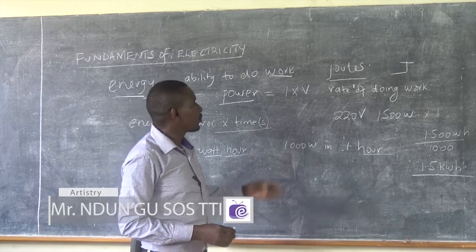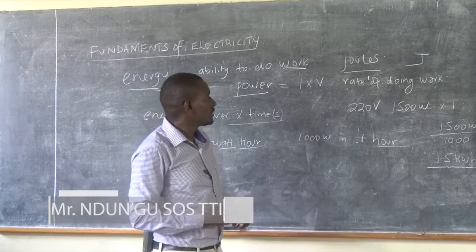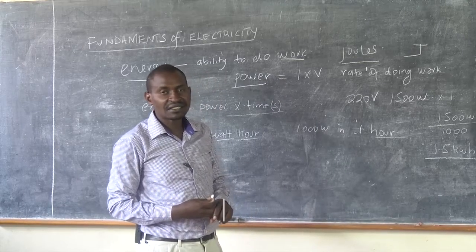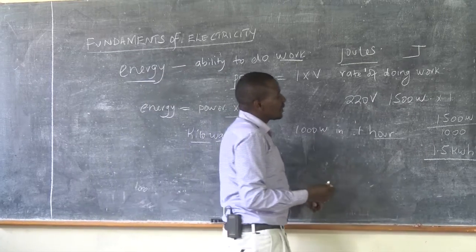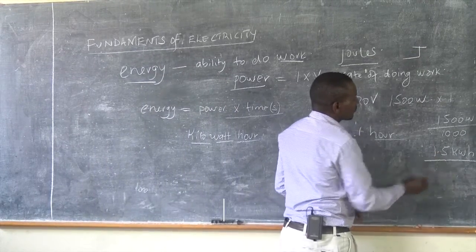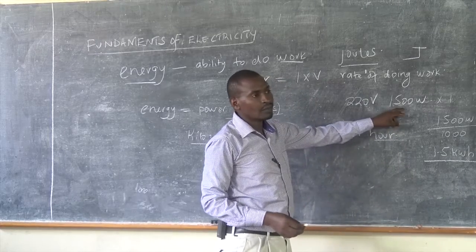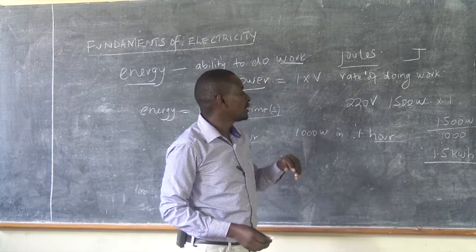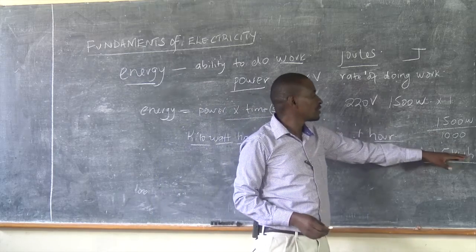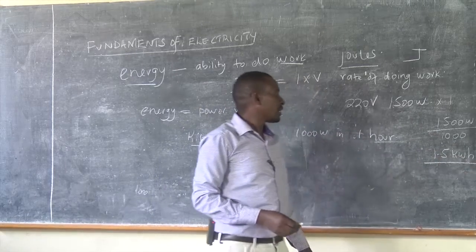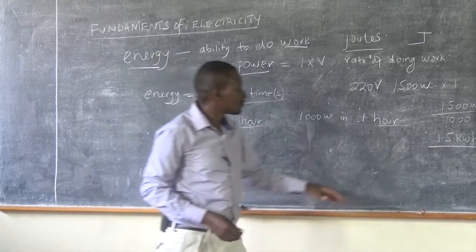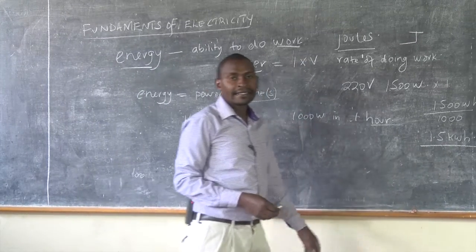So that's why you'll always hear someone complaining that they are using so much electricity. This is because most people don't care to note the rating of the equipment they are connecting to the supply, and they also don't care about the hours they are connecting the equipment, because that's what will translate to the amount of energy used.